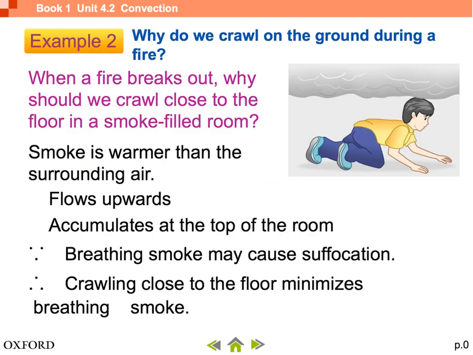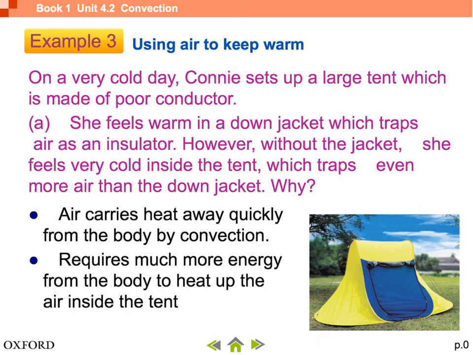So, after learning convection today, do you know why we need to crouch on the ground during a fire? Do you know why Connie will feel warm when she wears a down jacket, but she will feel very cold when she takes off the jacket, even if she is inside a tent which traps even more air than a down jacket?